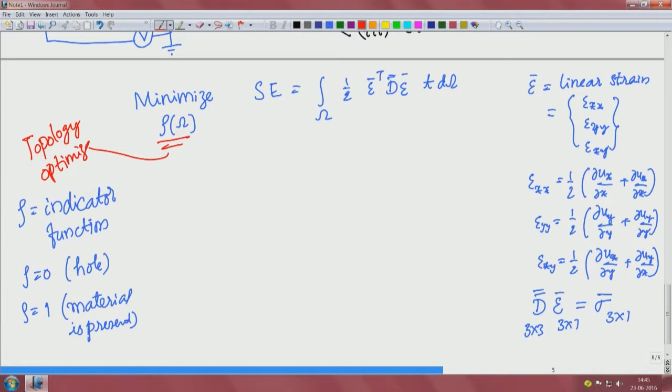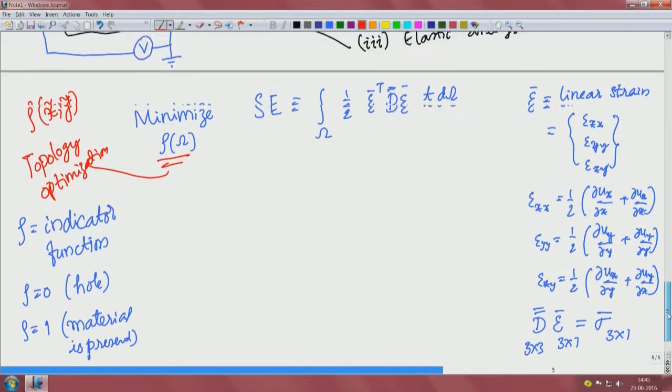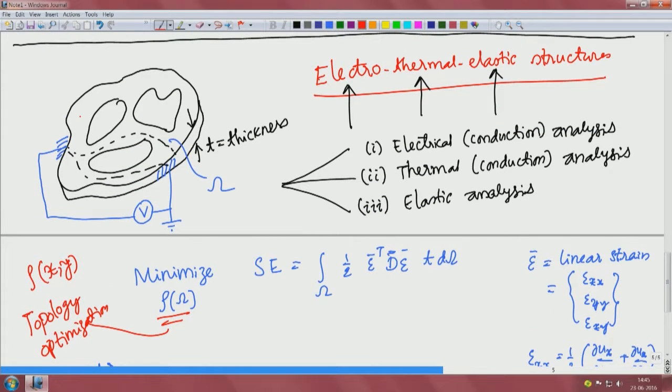Okay. So, we have a function, rho, which is a function of x and y. We have the domain such as the one we showed. If I have rho equal to 0 at this point, I get a hole there. If at another point I have rho equal to 1, I will have material there. So, if I keep on doing this, I will get the holes and I will get solid regions.